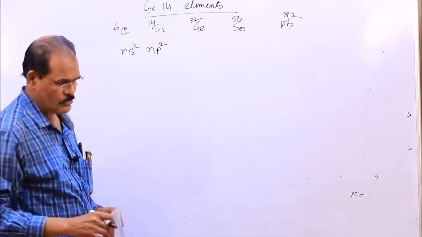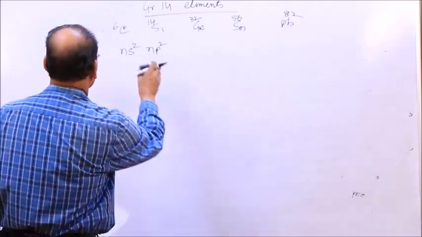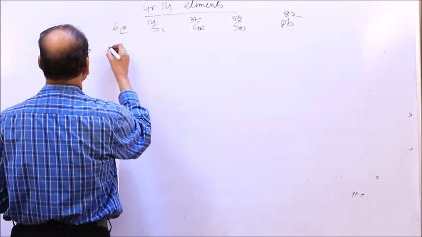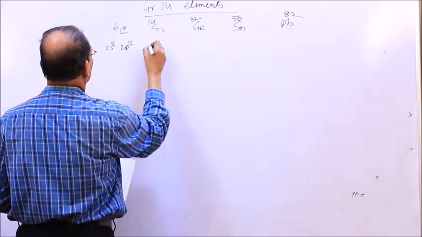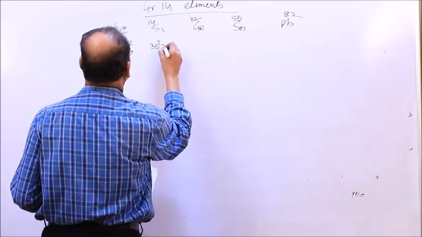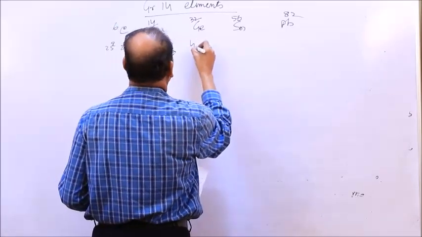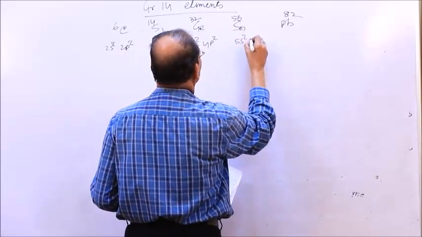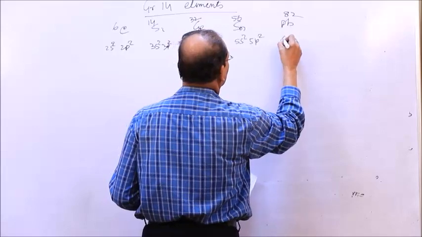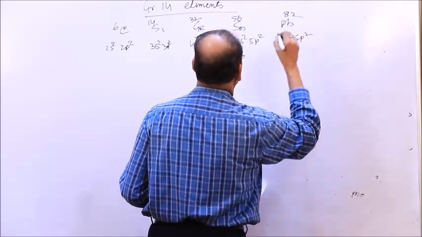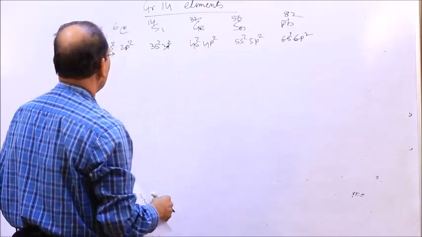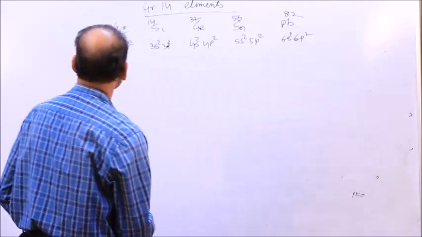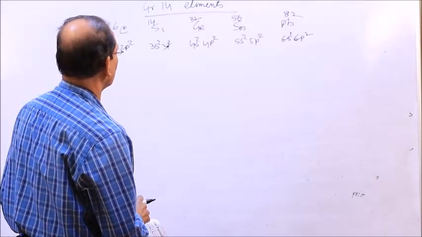As you have discussed in group 13, the electronic configurations are 2s2 2p2, 3s2 3p2, 4s2 4p2, 5s2 5p2, 6s2 6p2. That means 4 electrons are present in the outermost orbit. The 4 electrons mean it has a maximum of 4 oxidation state.